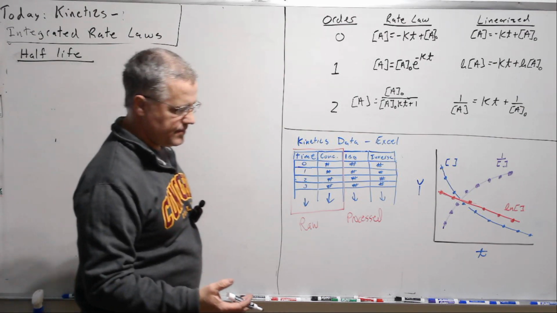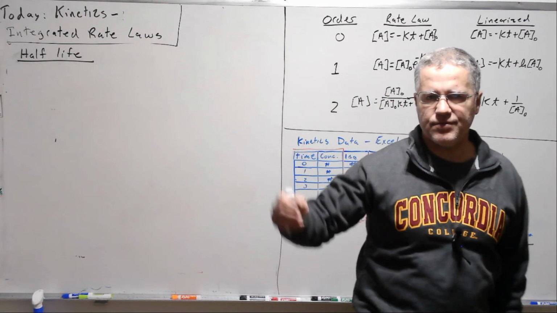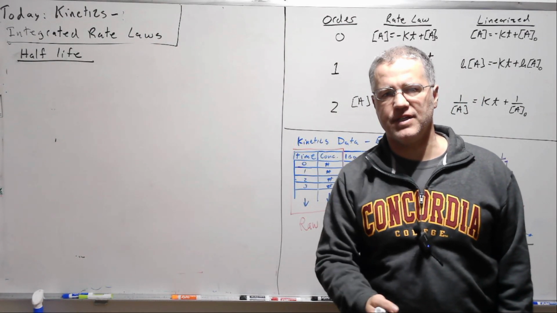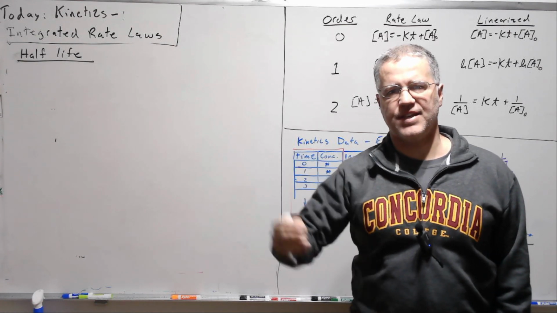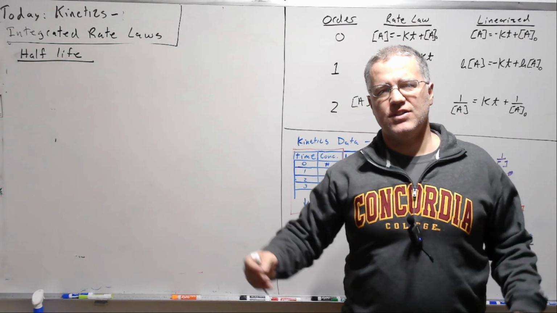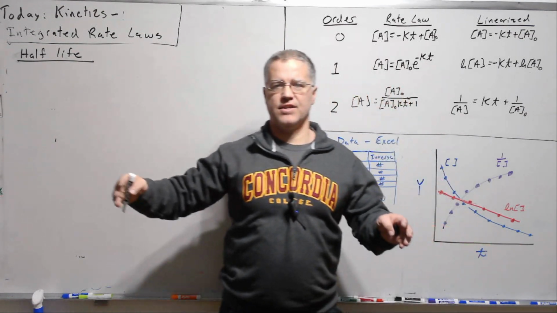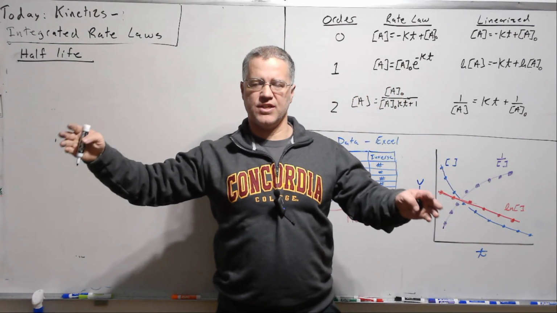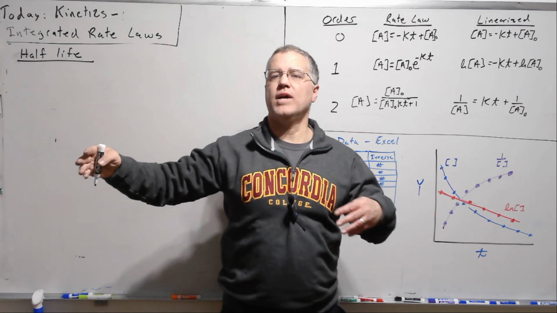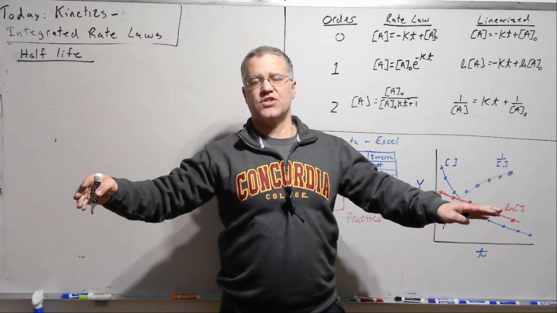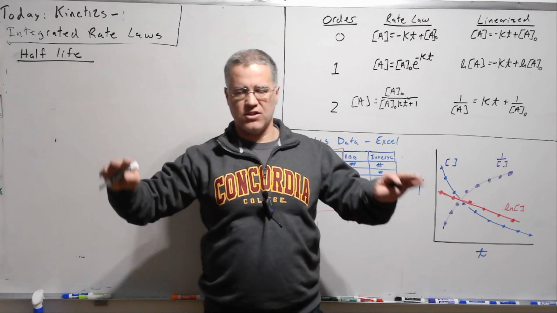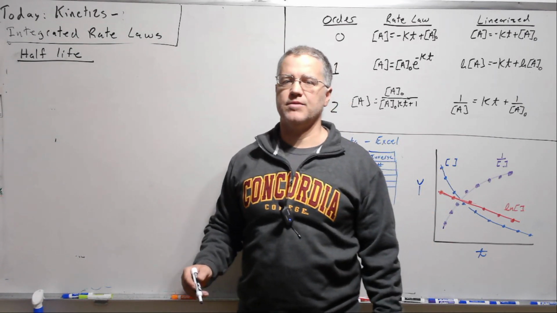So a first order reaction, for example, is exponential decay. Second order is kind of like a 1 over. So you can't really characterize the length of a reaction or the time it takes for the reaction to go by waiting for it to go all the way to completion, because it comes to just a crawl as we get closer and closer to the equilibrium.